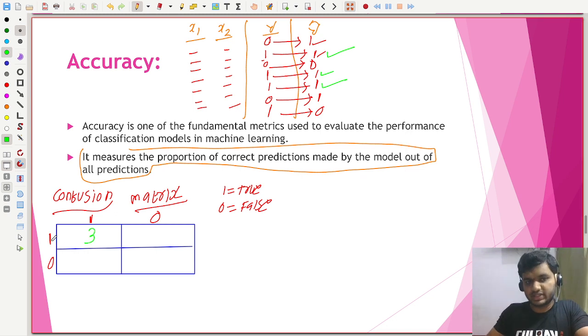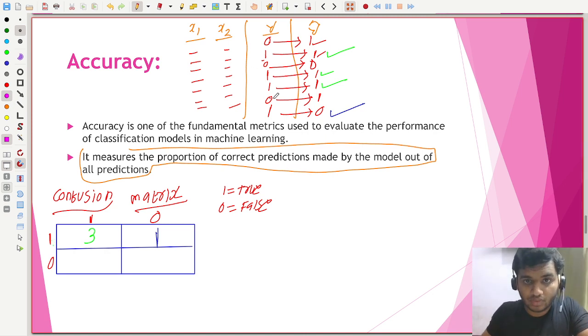For actual 1 and predicted 0, is any present? No, so it is 1. For actual 0 and predicted 1, one is present here and one here, so 2.